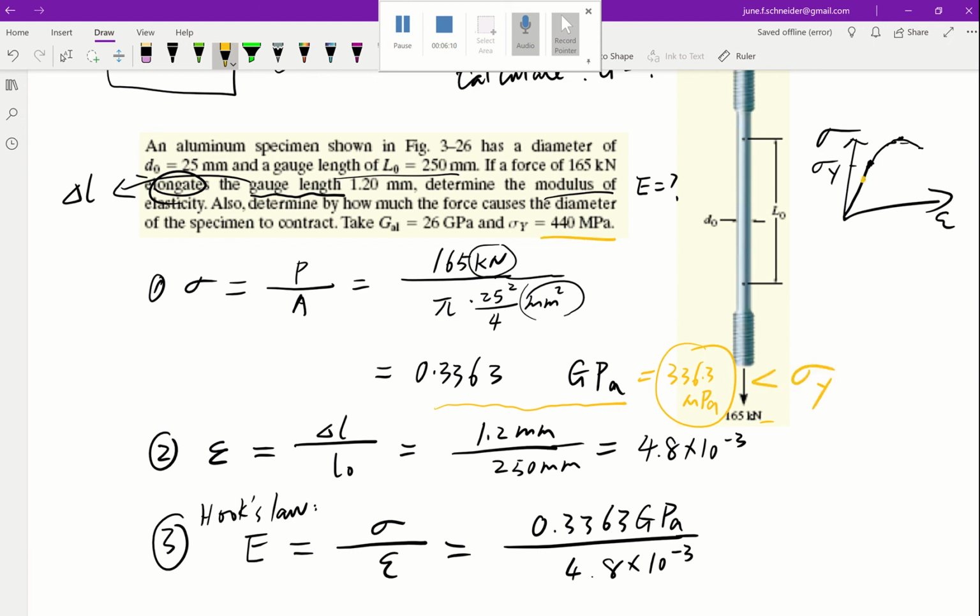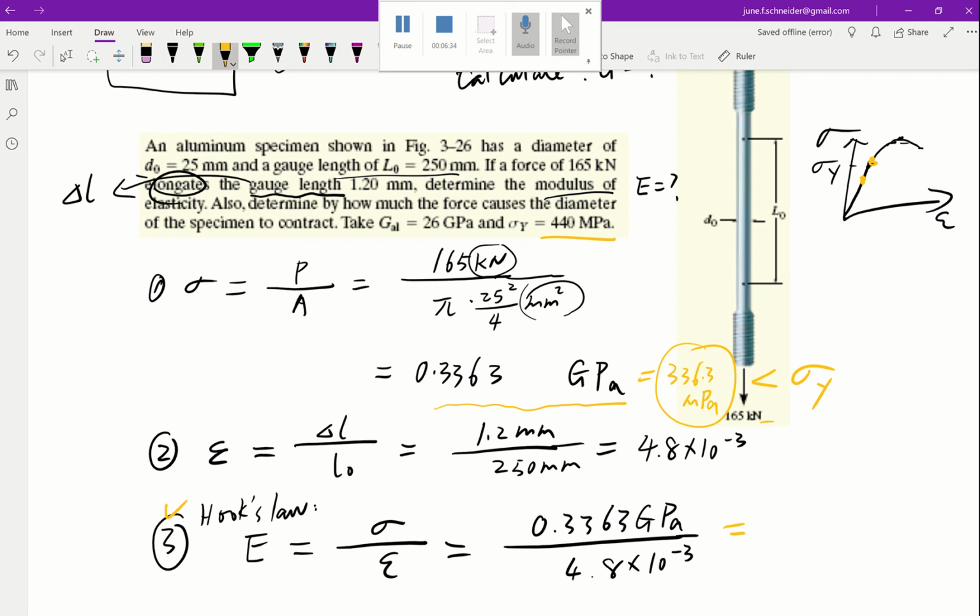So this value is somewhere here, which is inside the elastic region. So Hooke's law holds at that time because it's still in the elastic region. It's less than this yield stress. Therefore, we can use Hooke's law for this. That's why we're doing it.